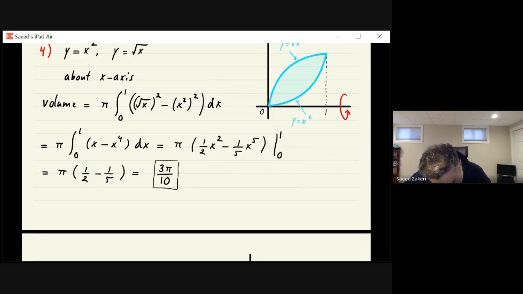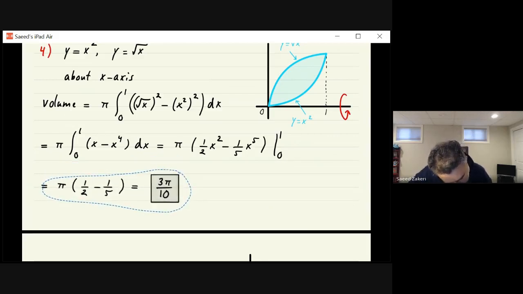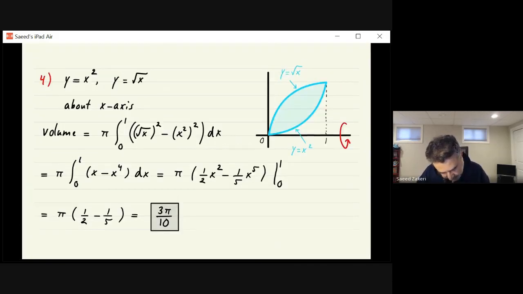This was a very simple problem. It's just mere substitution. We have the formula, we just plug in various things. Okay?